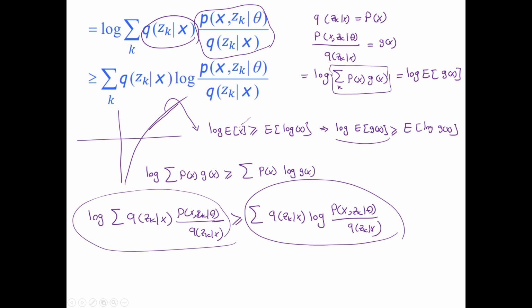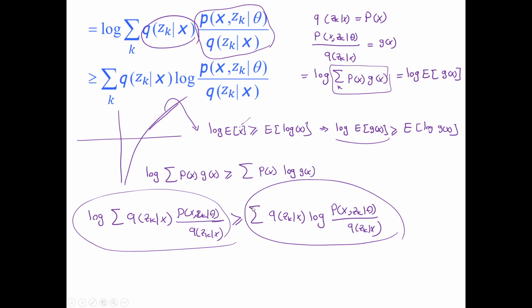This is our expected value. Based on the log function, is log concave, convex, or none? Log is concave. This means that this function is always above the lower bound. So log of E of x is always greater or equal to E of log of x.